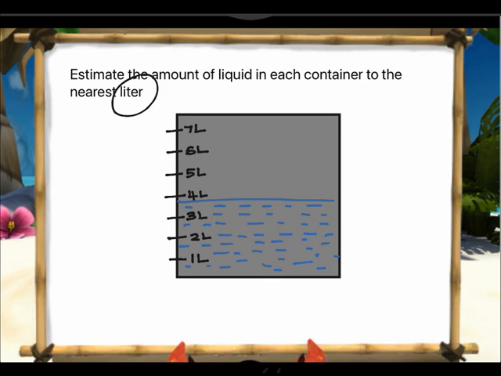So now take a look at the picture containing water. When you see the picture, you can see the liquid is between 3 liters and 4 liters. So let's imagine this is a gray container. The liquid in the gray container is between 3 liters and 4 liters.